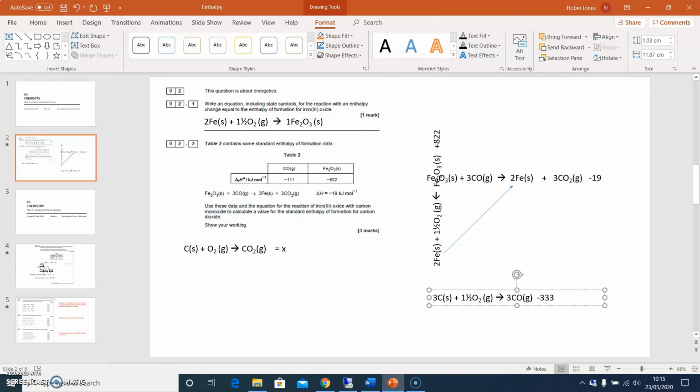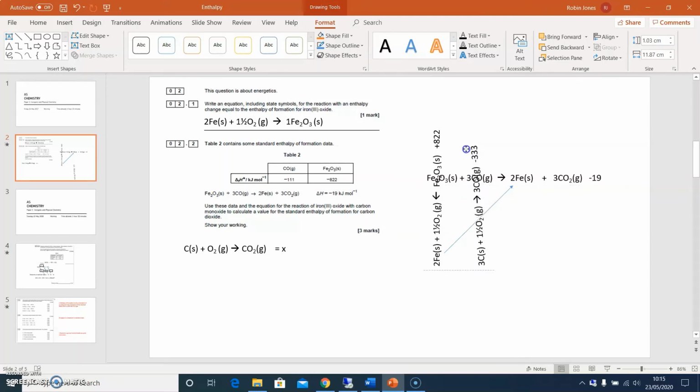So I've got an enthalpy change of 333 kilojoules per mole rather than 111 kilojoules per mole because I've increased the amounts by 3. Now I get a match. 3CO matches with the 3CO.